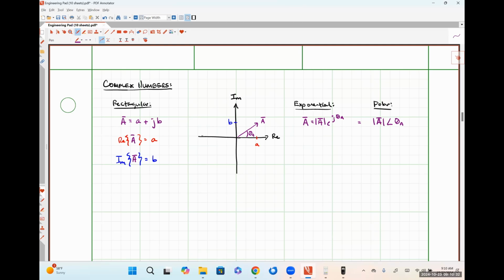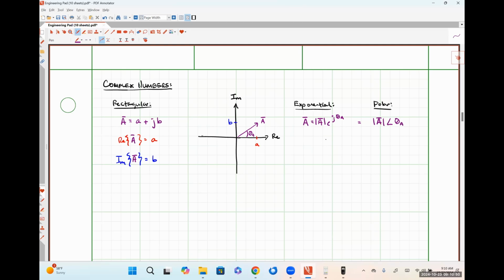All right, so let's talk about how we go from rectangular to exponential or polar, okay? So we have a simple right triangle here. The magnitude of our complex number is found just by using Pythagorean theorem. So it's just going to be the real part squared plus the imaginary part squared is equal to the hypotenuse.